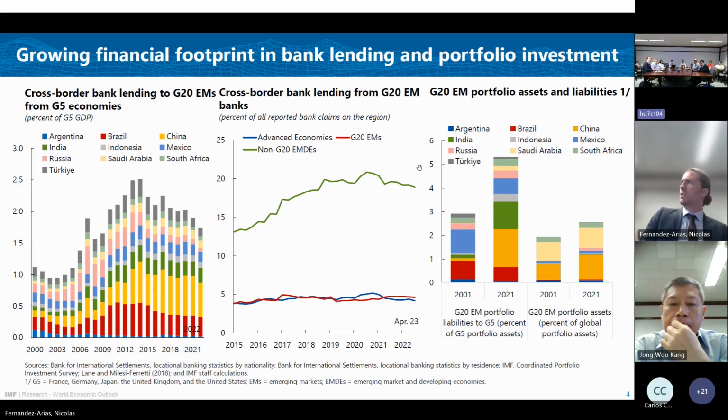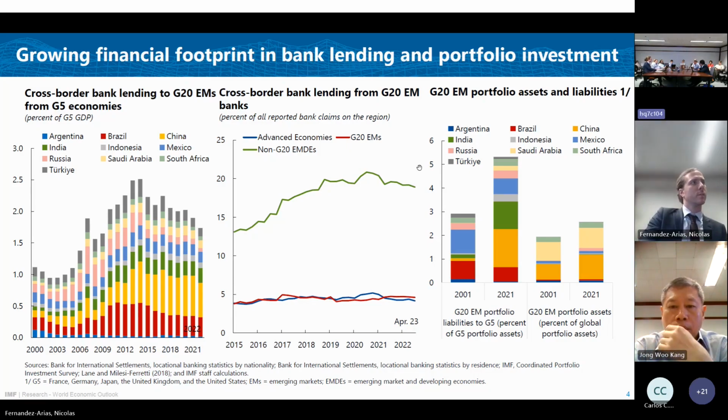The left panel shows G20 emerging market portfolio liabilities to G5 countries as a percent of their portfolio assets, and it has nearly doubled from about 3% to 5%, with a very important contribution from China and India. In the other direction, G20 emerging market portfolio assets as a percentage of total global portfolio assets have also increased, though to a lesser extent.